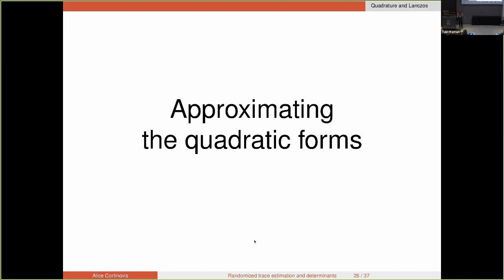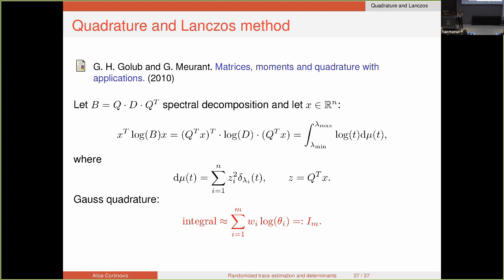Now I'm going to tell you how you can compute these quadratic forms. Basically there's a nice connection between quadrature rules and Krylov subspace methods, in particular the Lanczos algorithm, which I will try to briefly explain now.